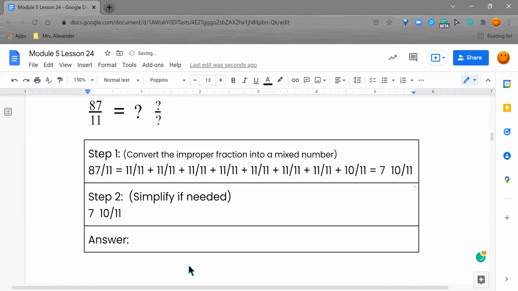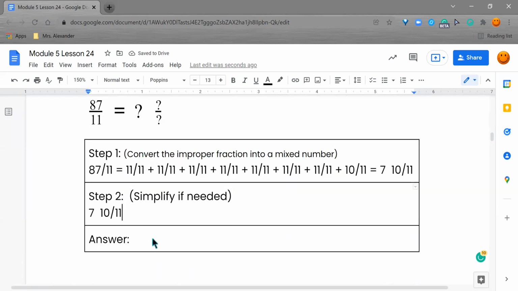And I see there's not a number between 10 and 11 that I can pull out. So my answer is 7 and 10/11ths. So we'll put those in the appropriate boxes. 7, 11. 11's in my denominator. Remember that. And the numerator's 10.